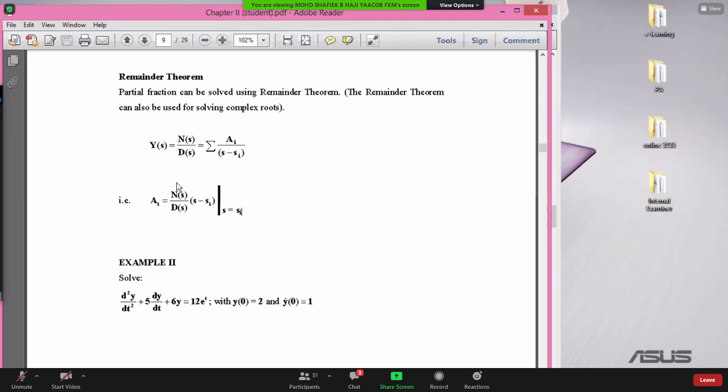So you take the original transfer function, which is numerator and denominator, and multiply by the factor that you want to find the coefficient of. Let's say if you want to find the coefficient ai, you just multiply by the factor i, and then you can cover up. This can be cancelled out with the denominator. You evaluate that using the root of that factor.